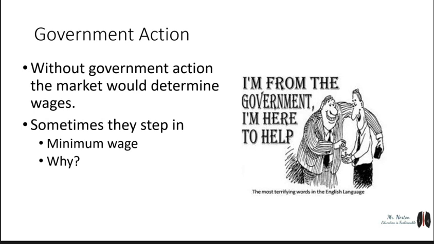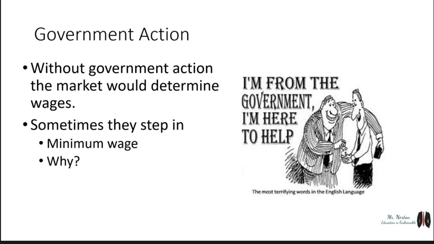Like, for instance, if you didn't have a minimum wage for fast food workers, I know it seems like I'm picking on fast food workers. They're just the easiest example for you to identify with. Plus, it's a minimum wage job, so I have to pick something with minimum wage. So let's say that if you didn't have a minimum wage, the market equilibrium for wages, which we'll get into later, is just like when we talked about market price equilibrium, only this is dealing with wages, obviously.